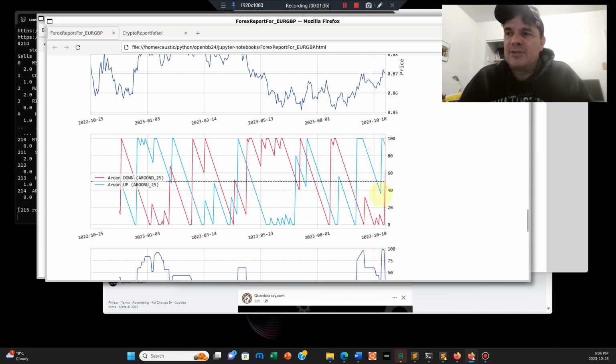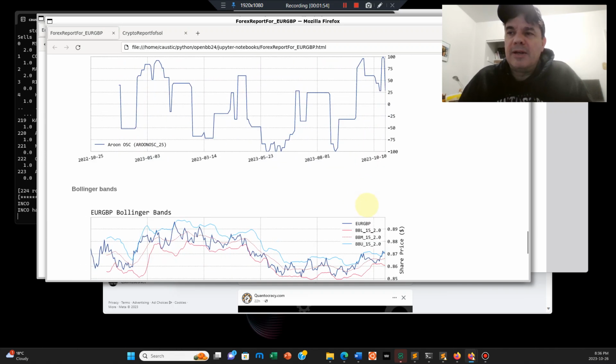But the thing is, when it starts to spike up here, that's a good time to get in. At the same time, you want to make sure that your Aroon down is minimal at the same time as your sell signal. That's probably one of the most reliable ways to trade from a technical indicators perspective.